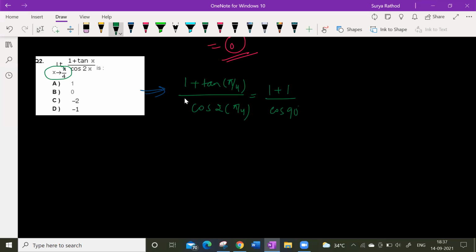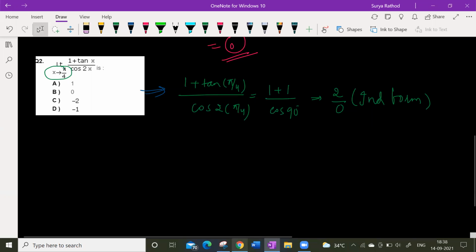Cos 90, 2 into 45 is 90 only, no? So cos 90, how much? So how much do you get? 2 by 0. 2 by 0 is nothing but indeterminate form only, no? Something by 0 is indeterminate form or not?